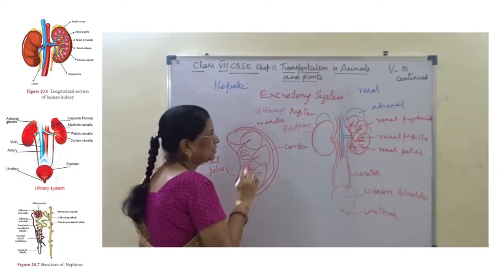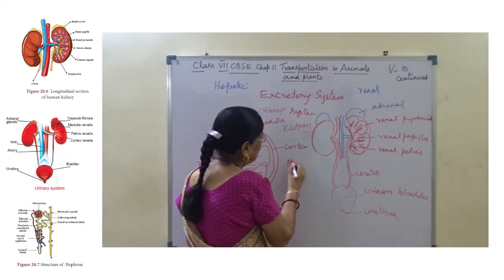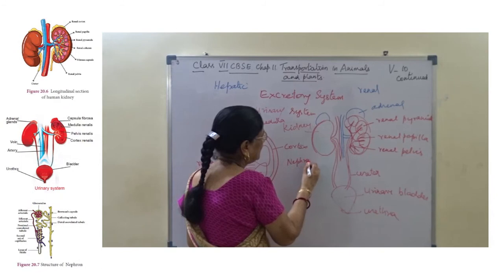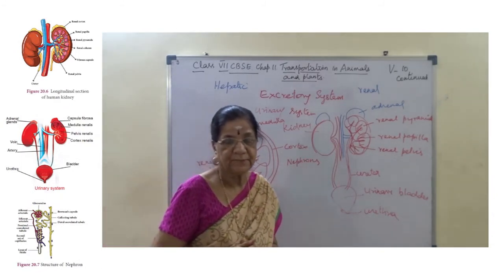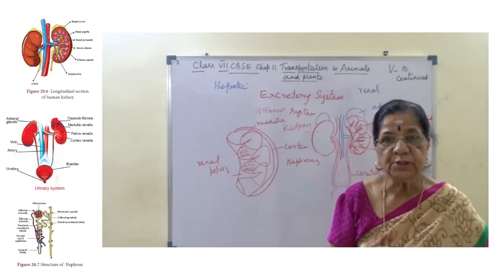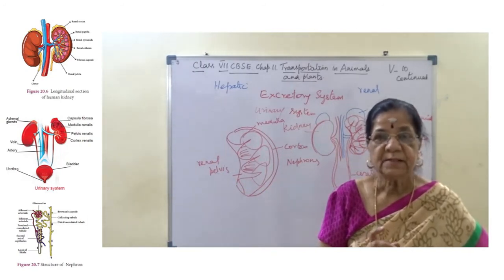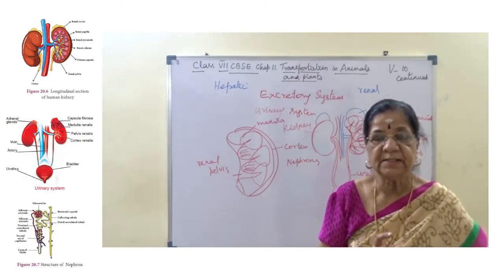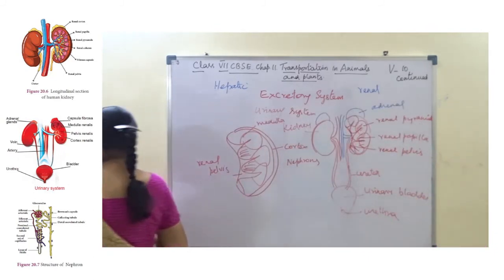So this outer cortex, inner medulla, it is formed of numerous functional units that are called nephrons. So nephrons are the structural and functional unit of the excretory system. I repeat, nephrons are the structural and functional unit of the excretory system.